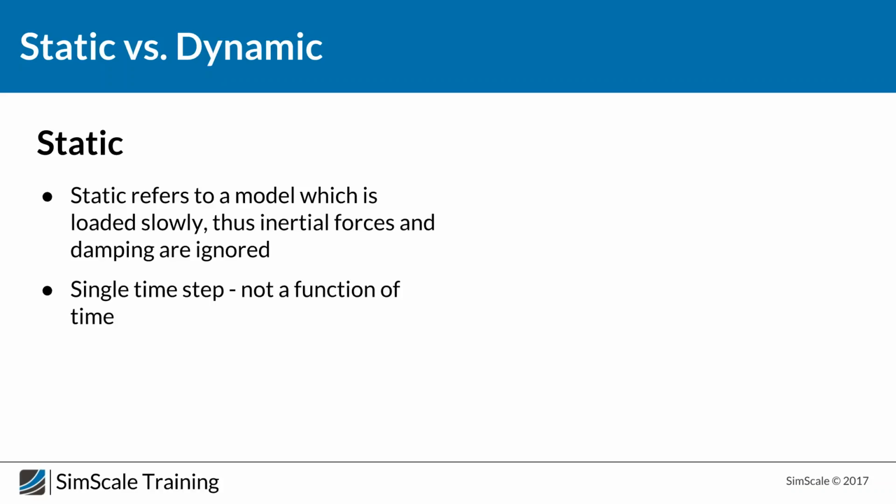If we do a static simulation, there is no physical time. Let's say I have a bar and I'm applying a rising load. As long as I'm adding this load very slowly, it makes no difference if I double the load every 10 minutes or every 10 hours.